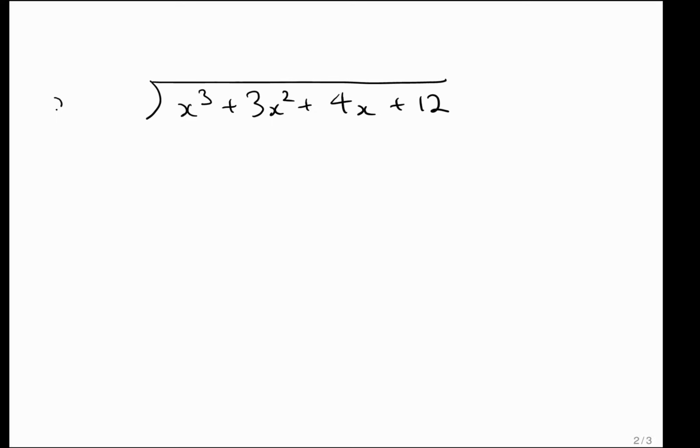Specifically, we're going to divide the cubic polynomial x cubed plus 3x squared plus 4x plus 12 by the linear polynomial x plus 3. Show that we get the following quadratic quotient and a remainder of 0, thereby giving us a factorization for the original polynomial.